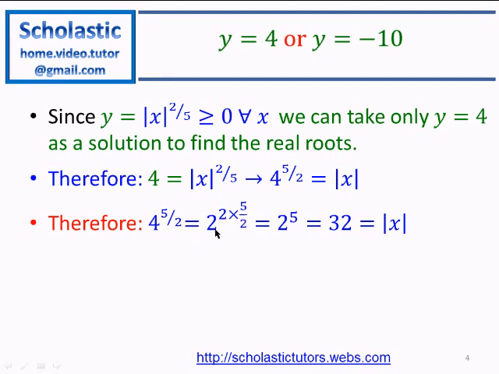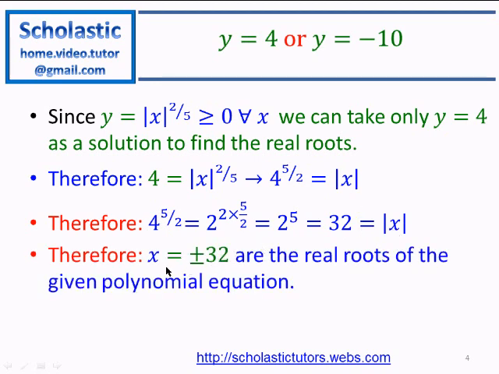That means 2 to the power 5 is equal to 32, which is the value of |x|. So we can write the roots of this equation: x is equal to plus or minus 32, because it's a modulus. If you remove the modulus, it can be either positive or negative. So x equal to plus or minus 32 are the real roots of the given polynomial equation.